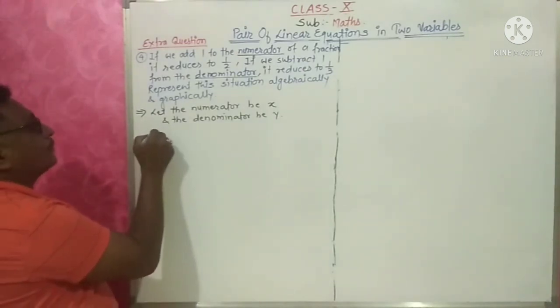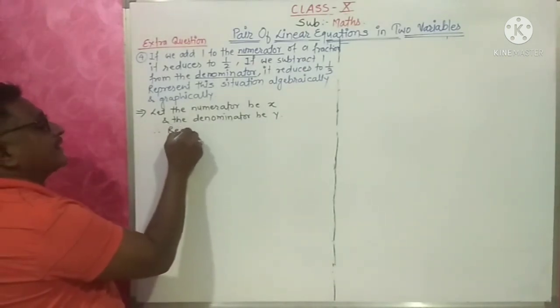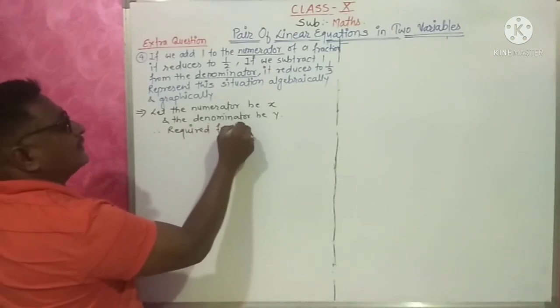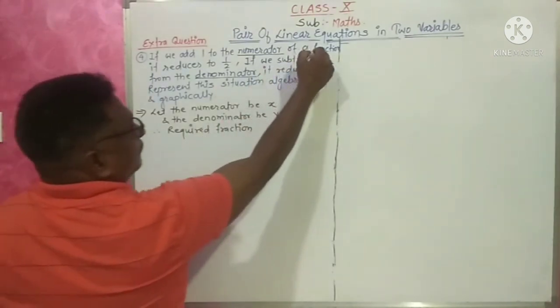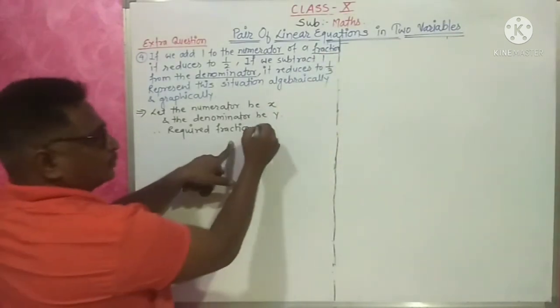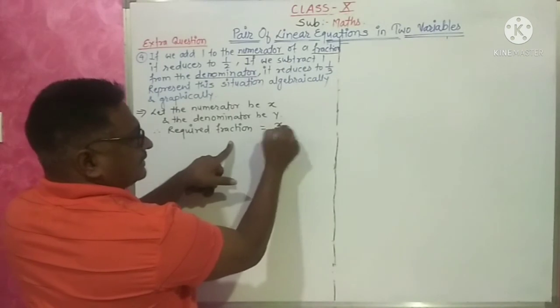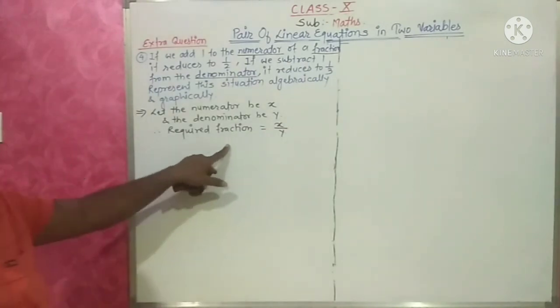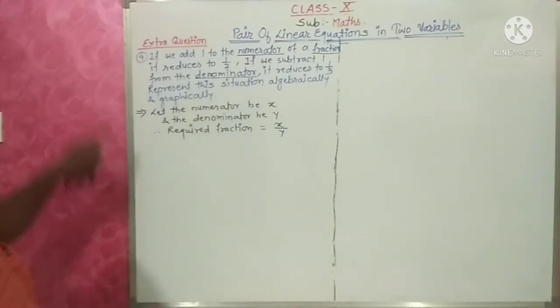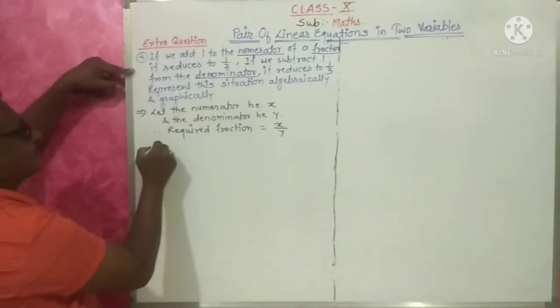So therefore the required fraction, because a fraction is there, so we have to find the fraction also. So what is the required fraction? x by y. Numerator by denominator. Got it?